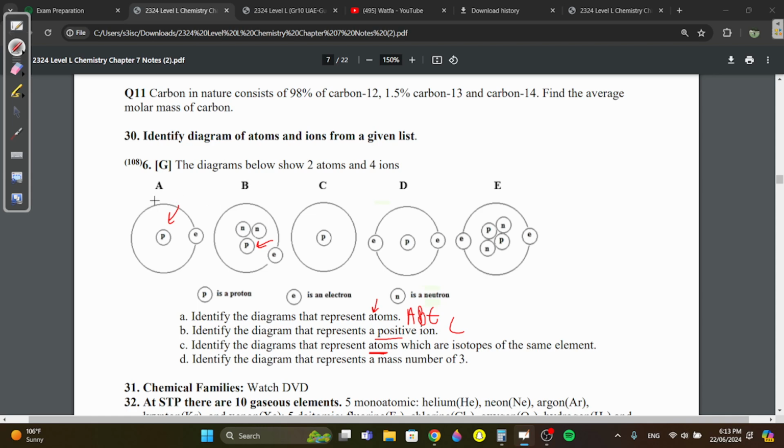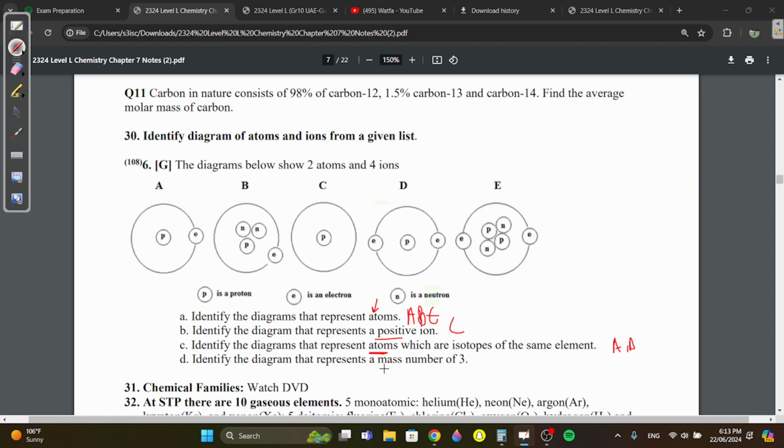So we only have a selection from A, B, and E. Which one from these three has the same number of protons but a different mass? This one has 2 protons, but these both have 1 proton, so obviously not E. Since they both have the same number of protons but a different number of neutrons, that means A and B are isotopes. So A and B.